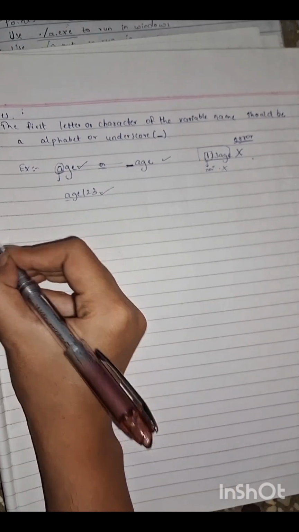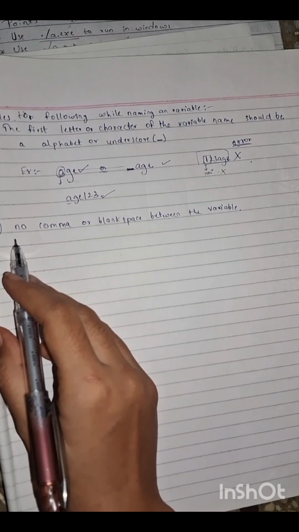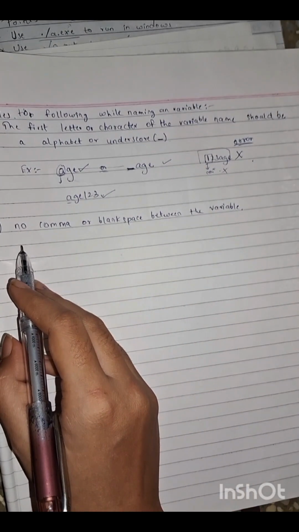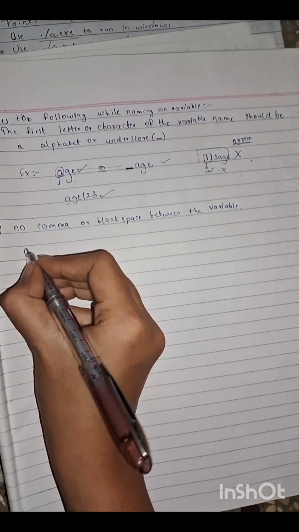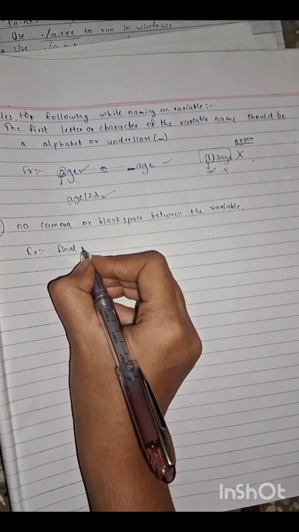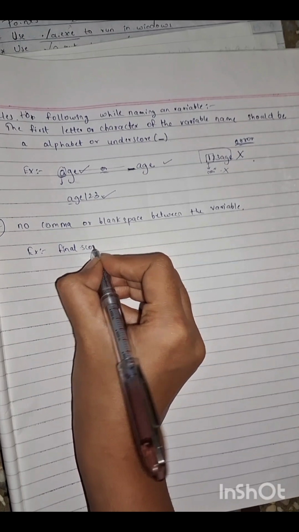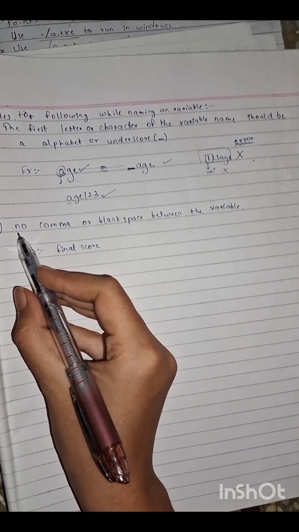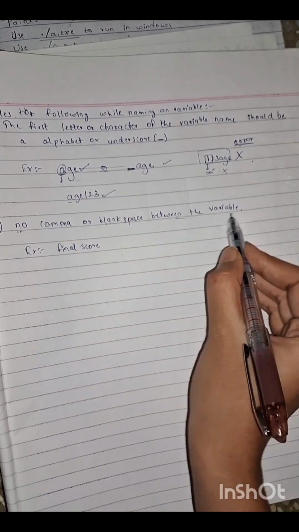Okay, this is right. So the second rule says that no comma or blank space between the variables. Like if I write a variable name like final score, the rule says no blank space between the variable.